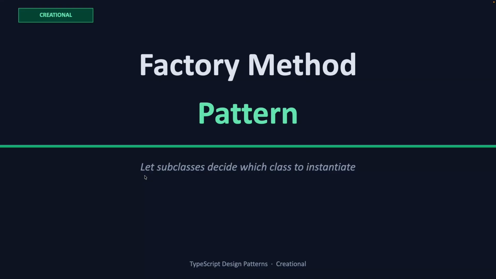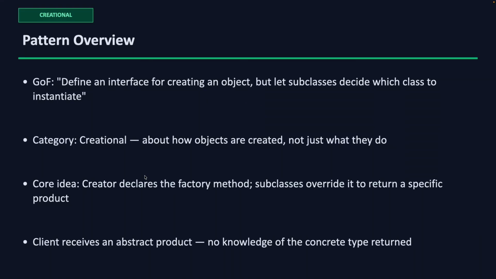And so the factory method is used to solve this issue that we're already seeing here, which is we're going to let the subclasses decide which class to instantiate. The factory method pattern is a creational pattern that goes alongside the builder pattern, the abstract factory, the prototype, and the singleton.